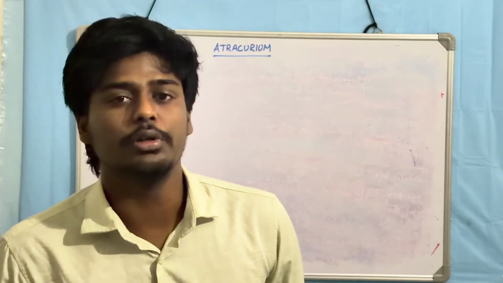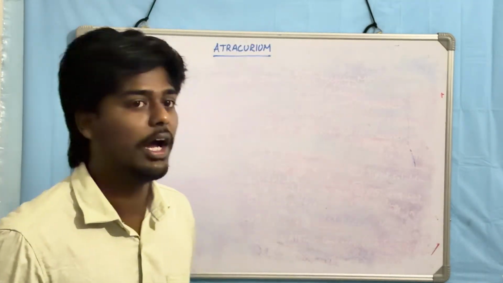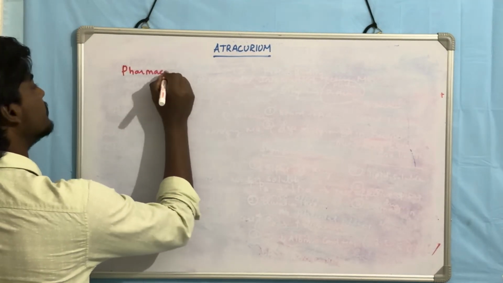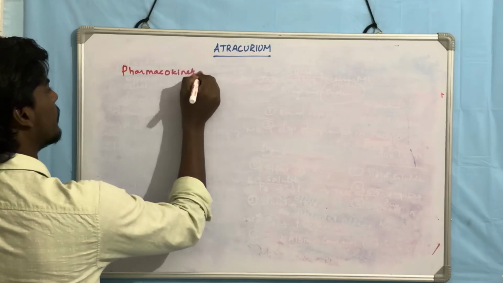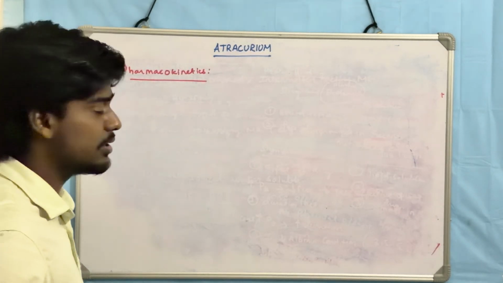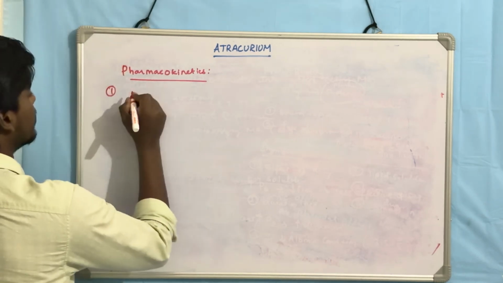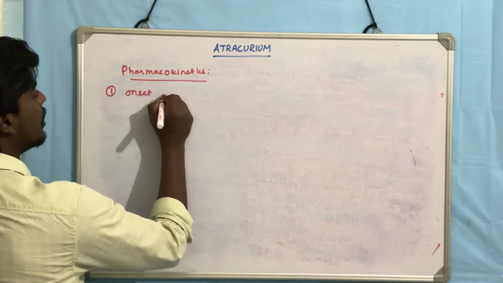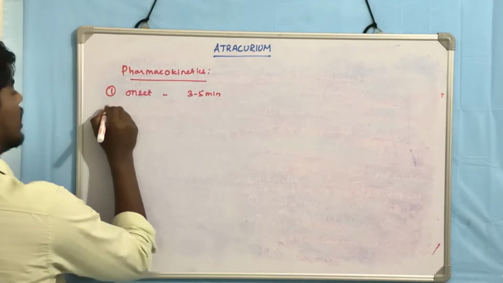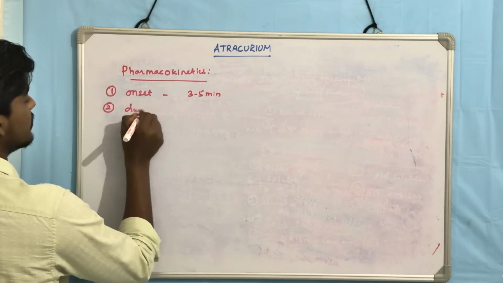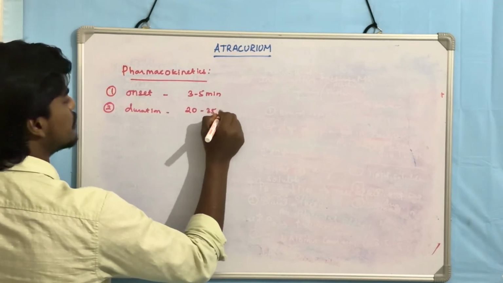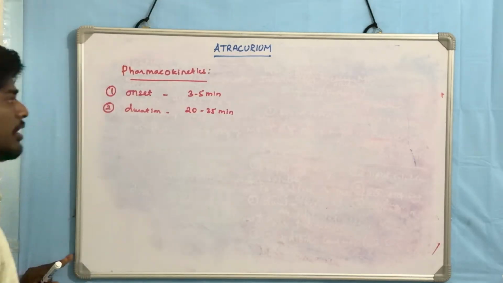Now we'll learn about the pharmacokinetics of Atracurium. In pharmacokinetics, we will learn about four parameters. One, onset. The onset of Atracurium is around 3 to 5 minutes. Second, duration of action. It's 20 to 35 minutes, so it's an intermediate acting drug. We already know that.